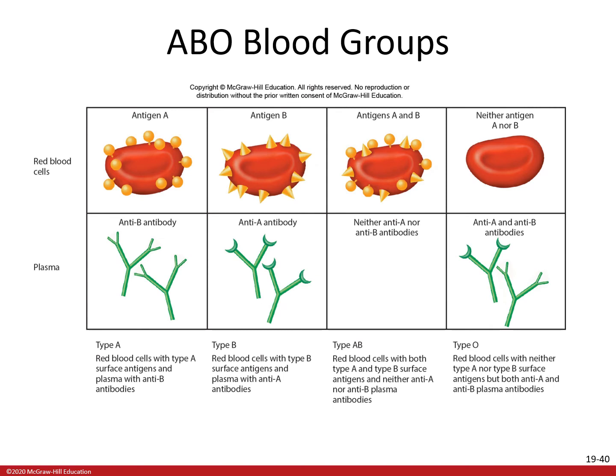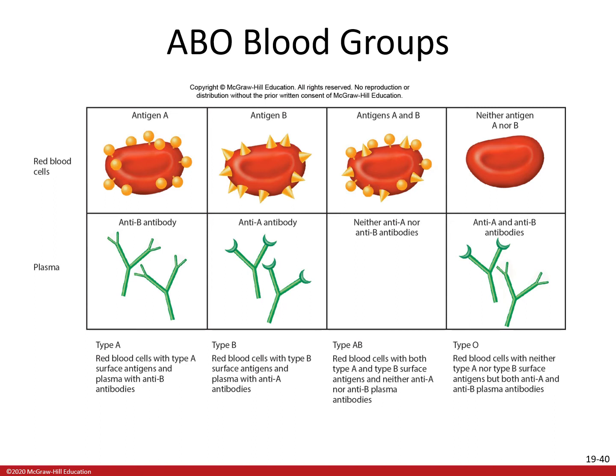So what I'm getting at is you have puzzle pieces that are not going to be able to fit together, and then puzzle pieces that will be able to fit together. So if someone who is type A tries to donate to someone who is type B, you will not be able to do that due to the antibodies in the plasma of the recipient.